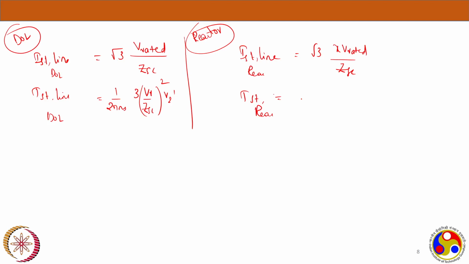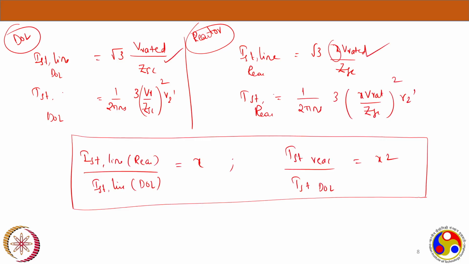If you take these two, you will be left with X, and if you take the torque ratios, it will be X square. These are very important relations which are very simple to understand but useful for your problems.